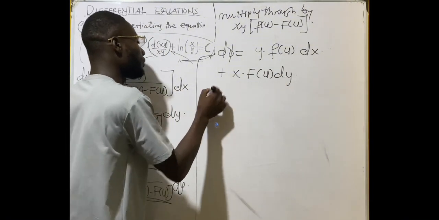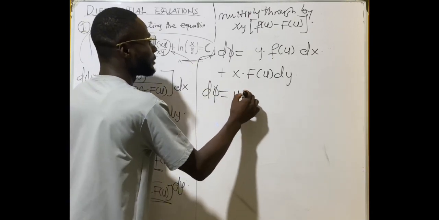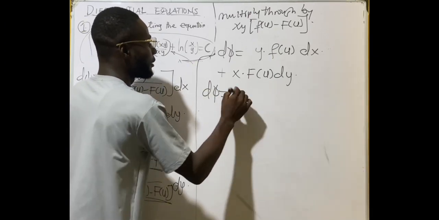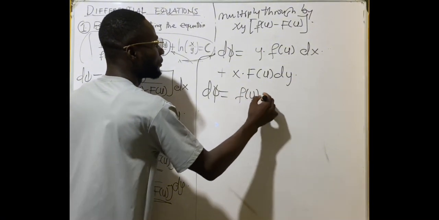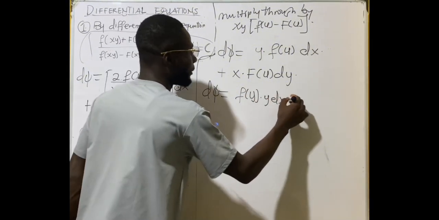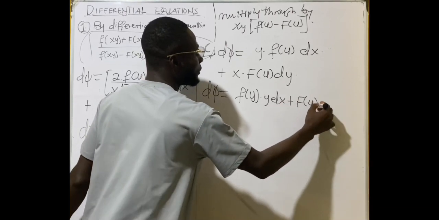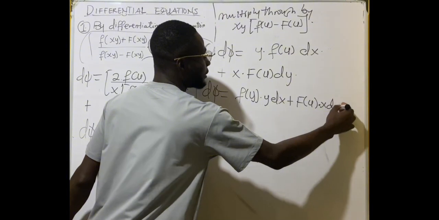So our total differential is small f of u times y dx plus big F of u times x dy.